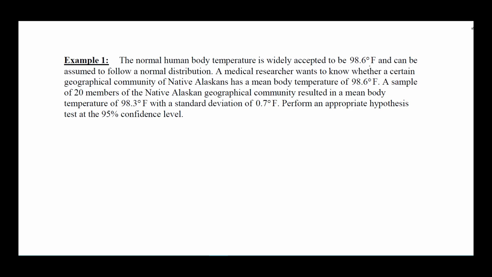A sample of 20 members of this Native Alaskan community resulted in a mean body temperature of 98.3 degrees Fahrenheit and a standard deviation of 0.7 degrees Fahrenheit. And we want to do the hypothesis test at the 95% confidence level.